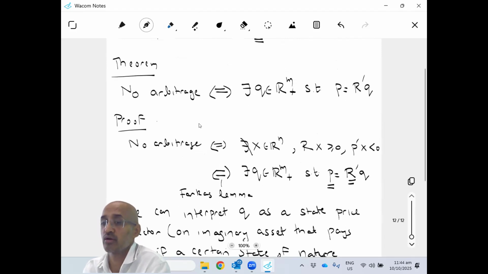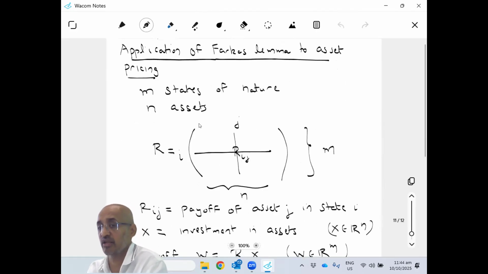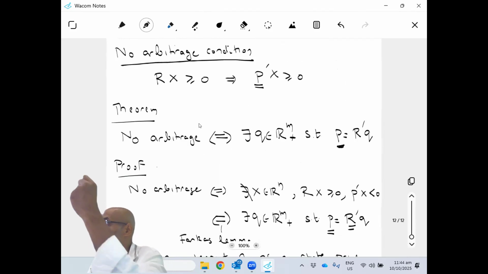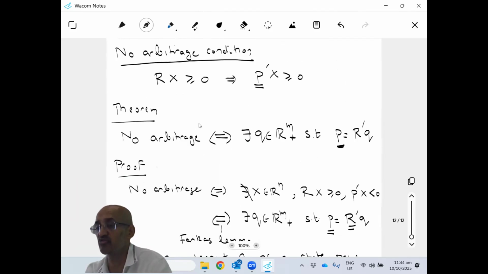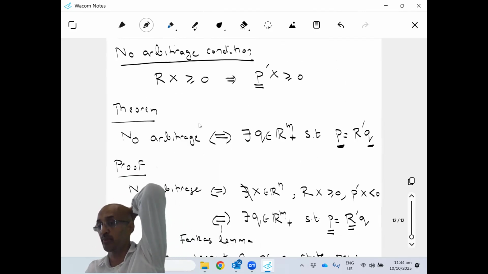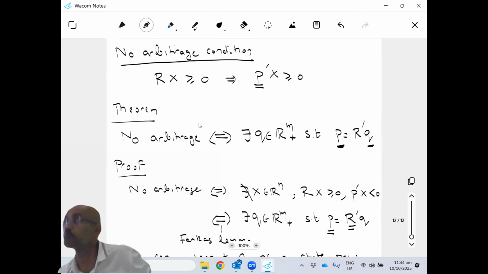So what this Farkas lemma simply says is, for asset pricing, the prices that you see today for buying each asset have to be given by some non-negative combination of the payoffs for the future states of nature, where this Q will be an implied price basically.